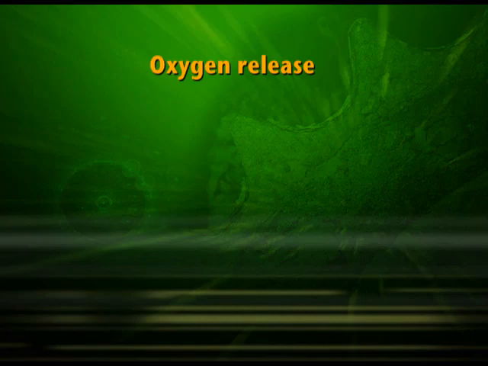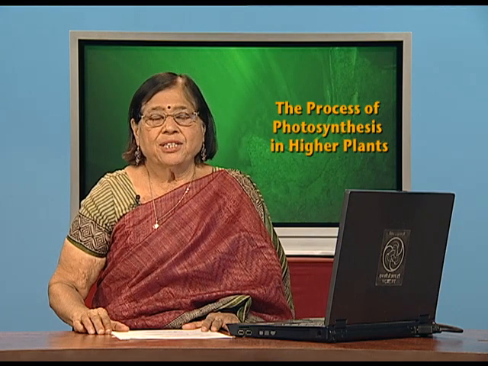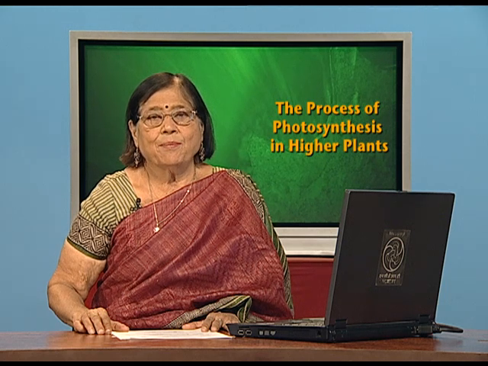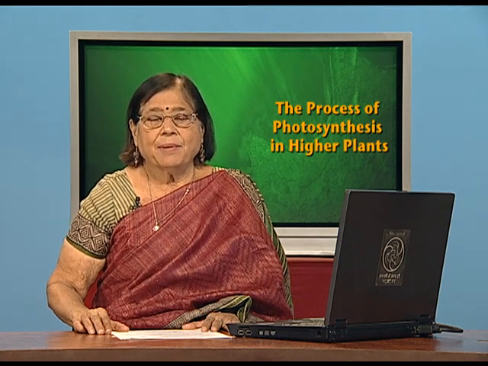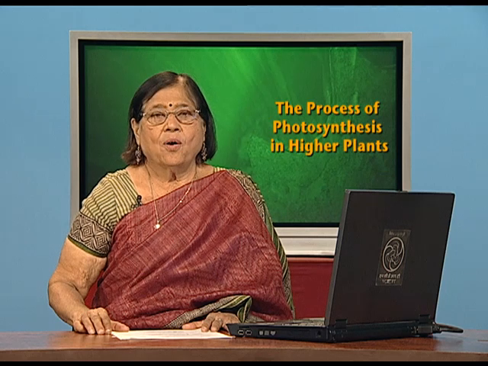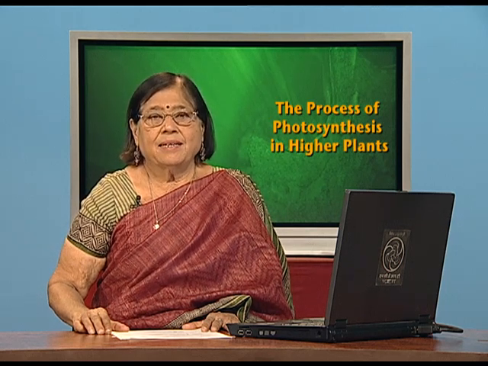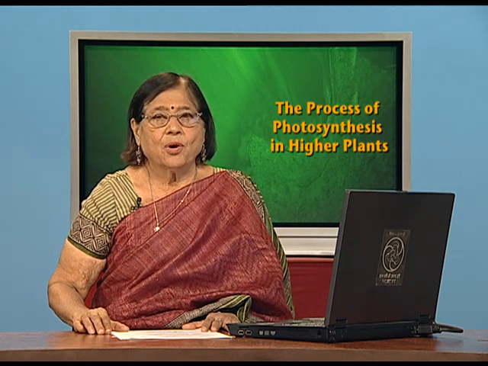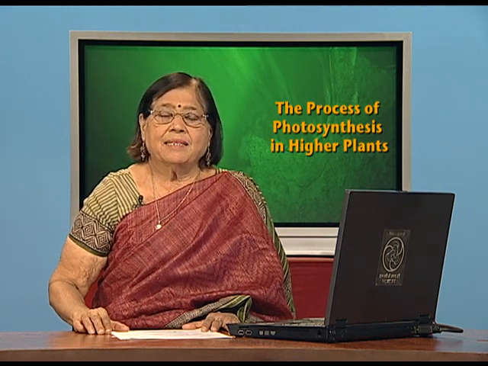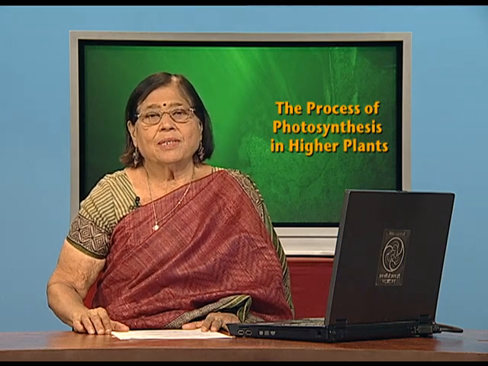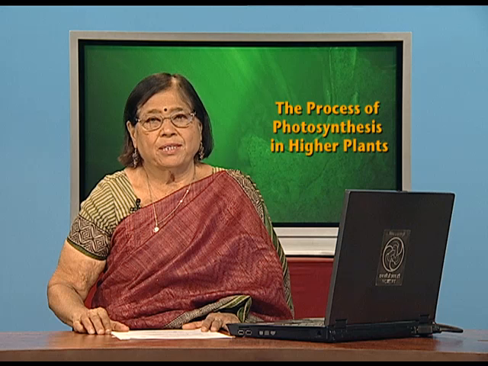Coming to oxygen release. During this chemical reaction of photosynthesis, oxygen is released. That is one important part. Carbon dioxide is taken in and oxygen is released. If oxygen was not released, then the purpose of photosynthesis could not be served, and in that case we could not have any life on earth, because even plants need oxygen for respiration.